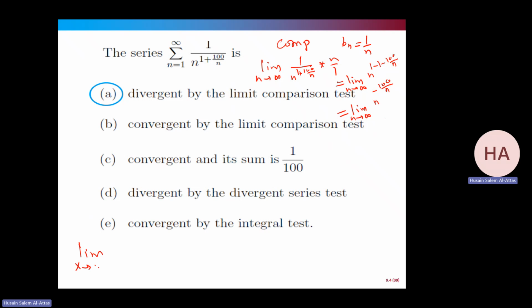The limit as x goes to infinity of x to the power minus 100 over x. So I take ln of both sides.